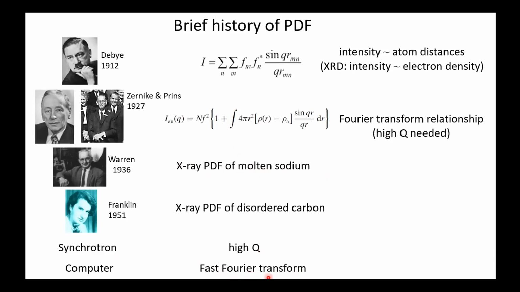So it's both theoretical advancement and hardware advancement, especially synchrotrons and computers, so that today we can routinely measure the total scattering pattern and do the Fourier transform to get a PDF. And we probably gradually take it for granted, but there's actually a long history behind that.